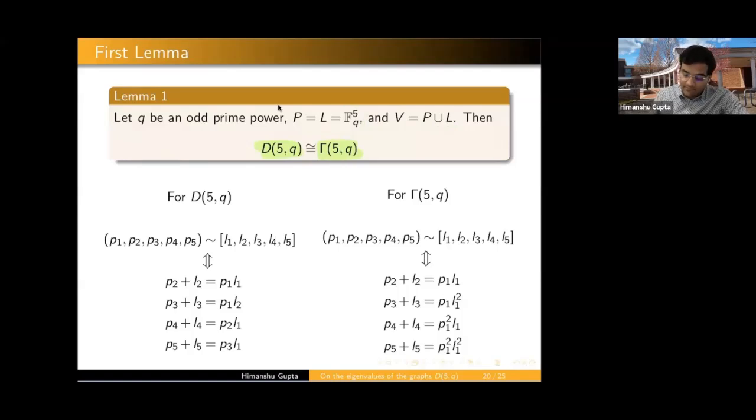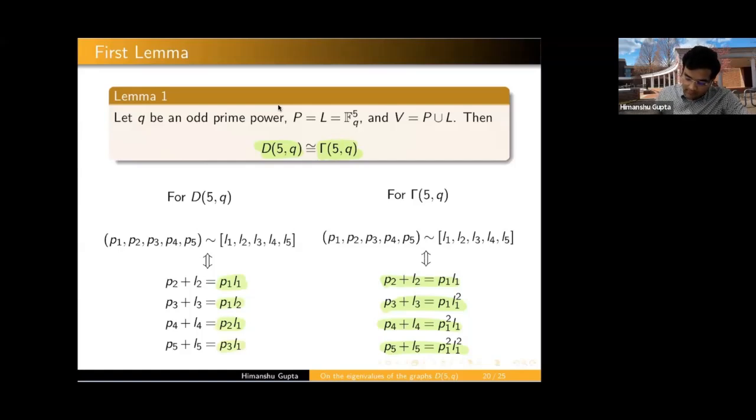What is gamma(5,q)? Similar to D(5,q), we take vertices, and then two tuples of length 5 are adjacent if they satisfy these four equations. That is, p2 plus l2 is p1 l1 and so on. But in D(5,q), the system of equations were these.